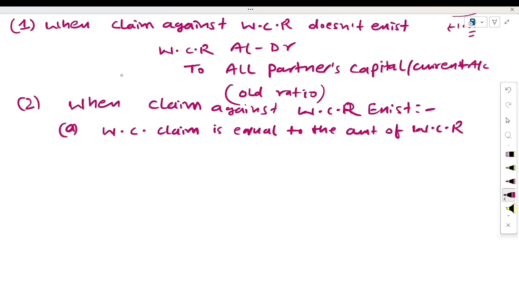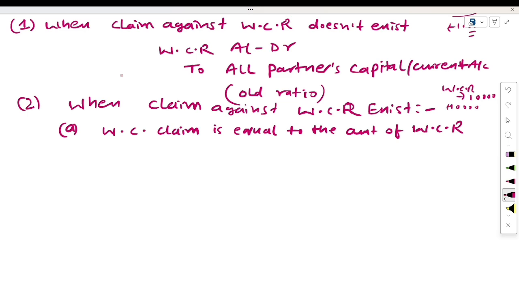Suppose you have created a reserve of rupees 10,000, and your worker is claiming rupees 10,000.